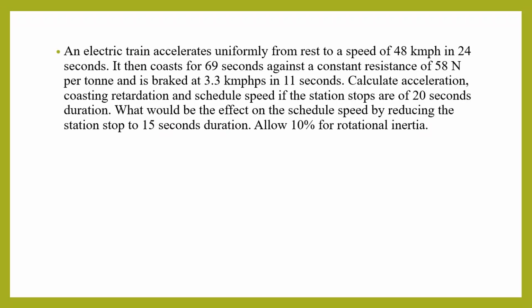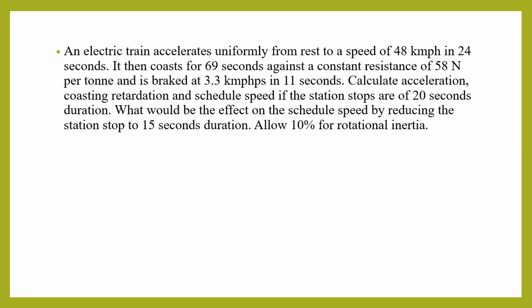Calculate acceleration, coasting retardation and schedule speed if the station stops are of 20 seconds duration. What would be the effect on the schedule speed by reducing the station stop to 15 seconds duration? Allow 10% for rotational inertia.